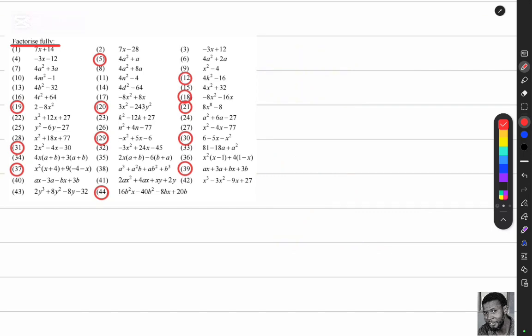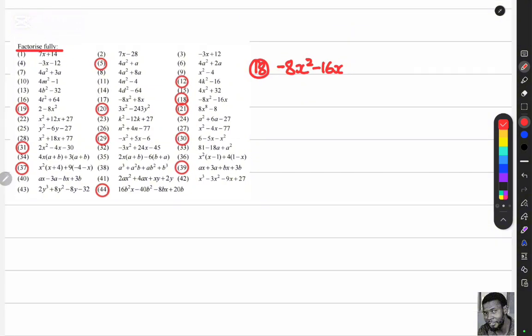Moving along, let's look at number 18. Number 18, we are given negative 8x squared minus 16. On this one, we would have realized that the highest common factor involves the number and also the variable.